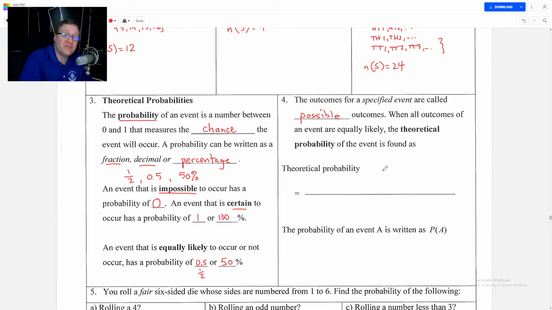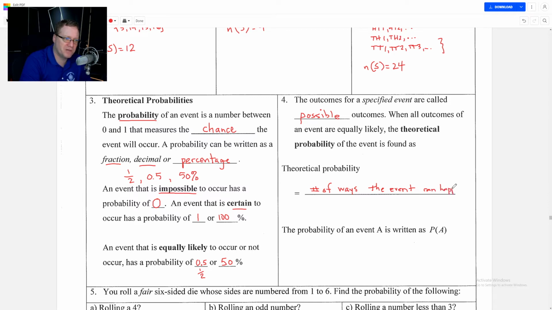Now, if that's true for something, then we say that the probability of an event happening is the number of ways the event can happen divided by the number of all possible outcomes.